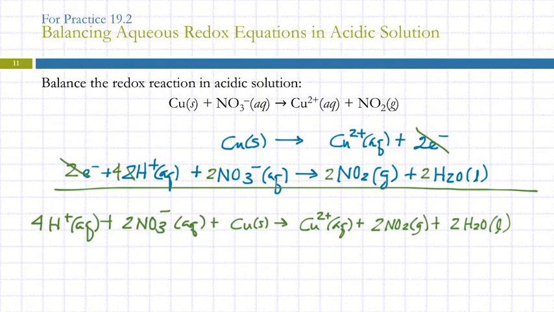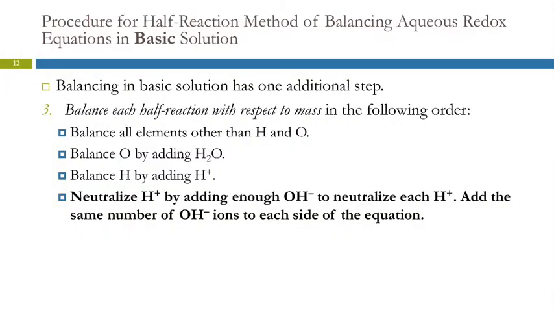What if it's a basic solution, though? In a basic solution, there's really no hydrogen ions present, not a significant number. What do we do? Well, this is what we do. We add one step. When you're balancing each of the half reactions by mass, you balance everything but hydrogen and oxygen.